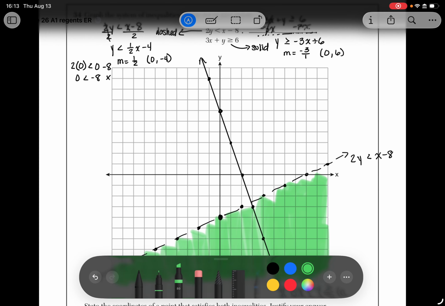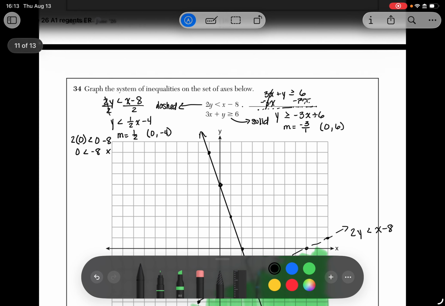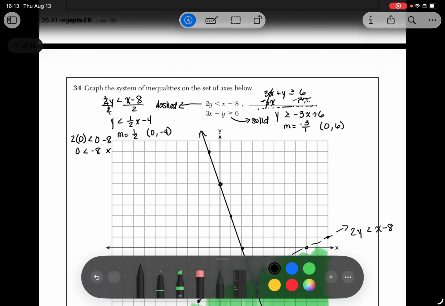And then same thing with our other inequality. So instead of writing 3x plus y is greater than or equal to 6, we're going to plug in the variables with 0. So 3 times 0 plus 0 is greater than or equal to 6. Three times 0 is 0 plus 0 is 0.